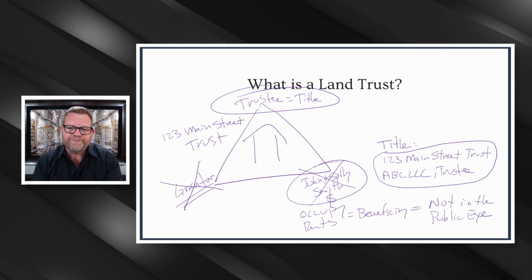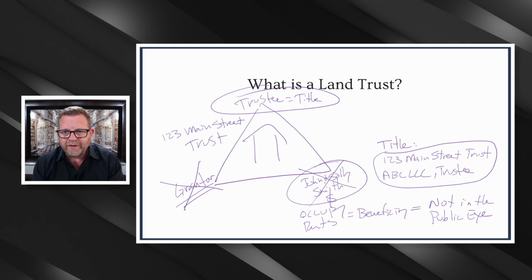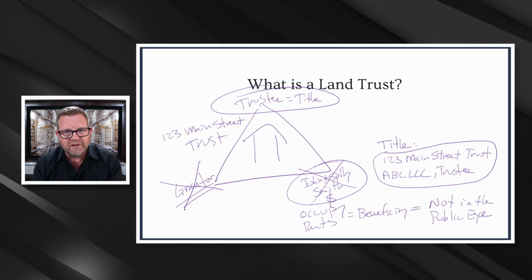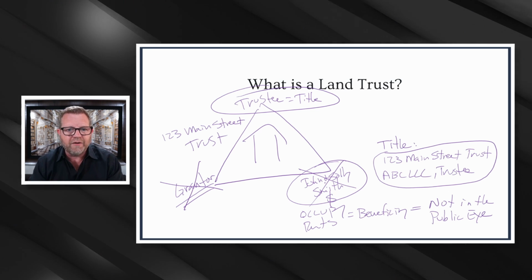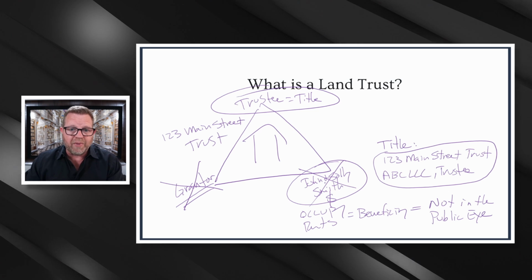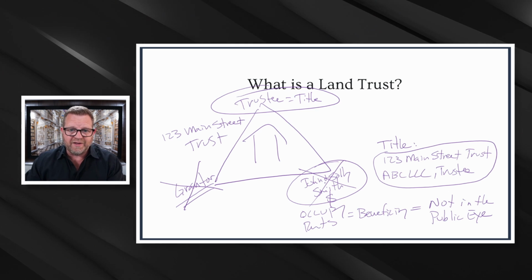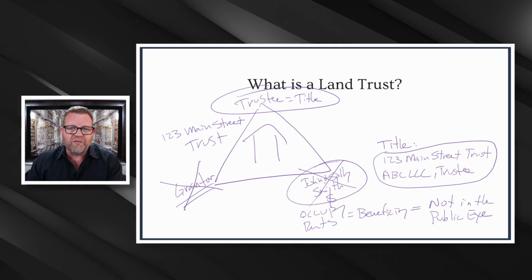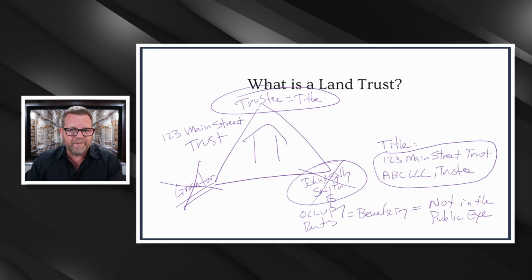So I'll put it this way. While the property is officially owned by the trustee, you, the beneficiary, retain all the control and decision-making powers. Like, you could fire the trustee at any second. You could manage the property. You could rent it out. You could sell it.